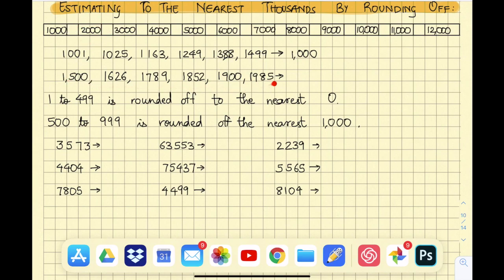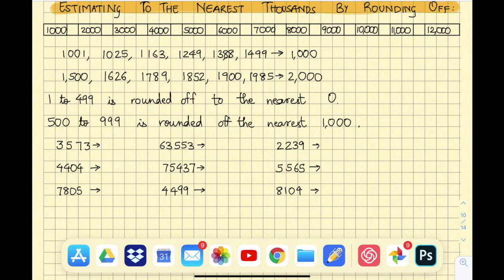These all are farther from 1000 and closer to 2000. So these all are rounded off as 2000. What we learn, the moral of the story, is that 1 to 499 is rounded off to the nearest zeros, that is 1000 in this case.